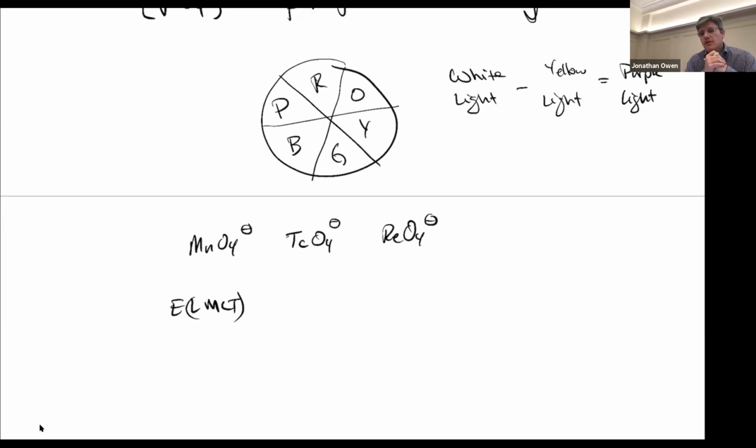The bonding is stronger between the metal and the ligands, and the metal is more electropositive as you go down. And so it takes less energy to promote that electron from the oxygen and put it onto the manganese. So the energy of the LMCT state goes up as you go from manganese to rhenium.